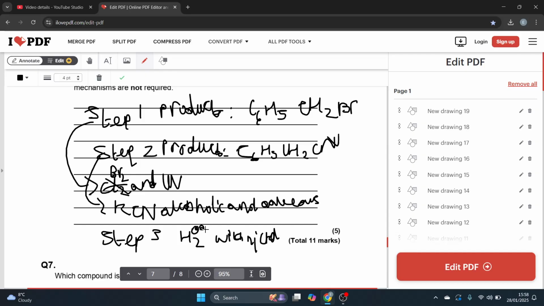Hydrogen gas with nickel. Remember, this is catalytic hydrogenation.